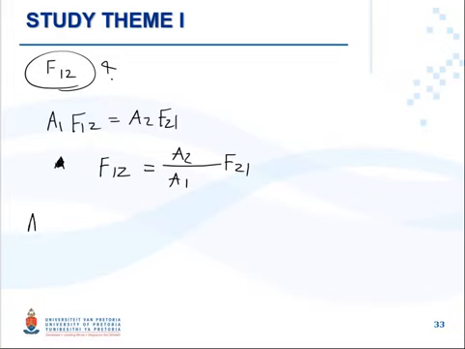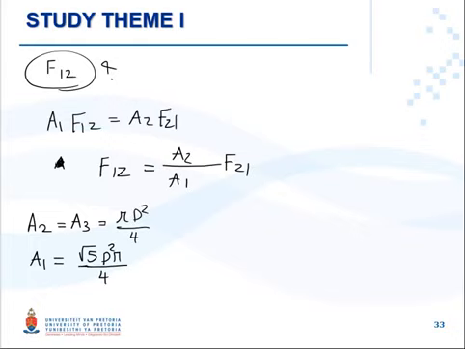So F12 is equal to A2 over A1 times F21. Again, A2 is equal to A3, because both of them are just a disk, so πD² divided by 4, and A1, which is the cone, is √5 D²π divided by 4.